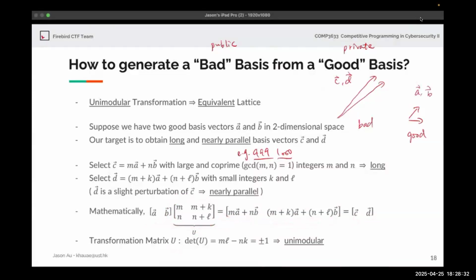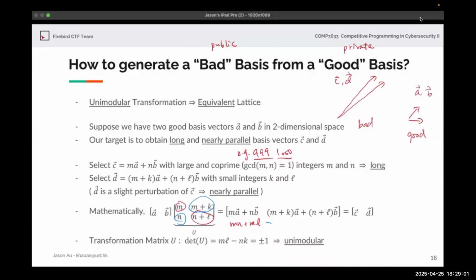As mentioned before, for a unimodular transformation, we have to select M, L, K and N such that they fulfill the determinant requirement that ML minus NK will be equal to positive or negative 1. You may wonder why it's ML minus NK. For the determinant, we multiply these two, giving MN plus ML, and then subtract the product of these two.